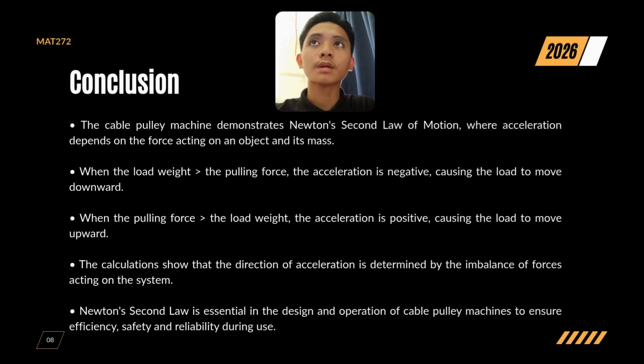In conclusion, the cable pulley machine demonstrates Newton's second law of motion, where the acceleration of an object depends on the total force acting on it and its mass. When the load weight is greater than the pulling force, the acceleration is negative, indicating that the load accelerates in the downward direction.